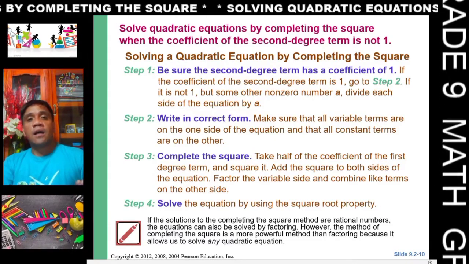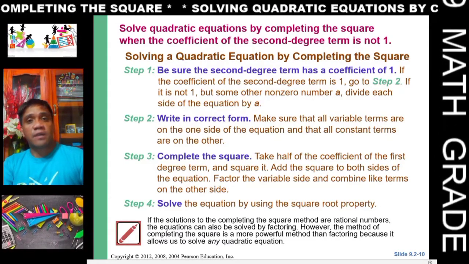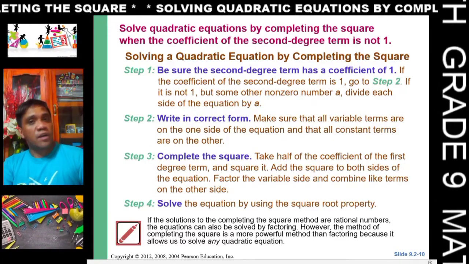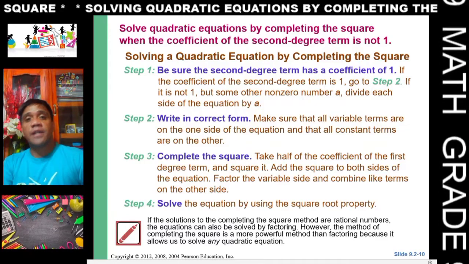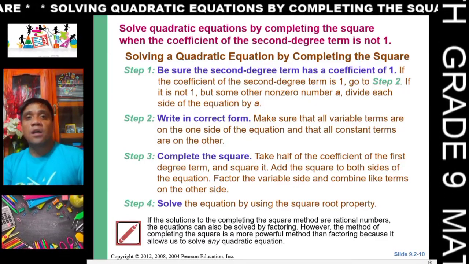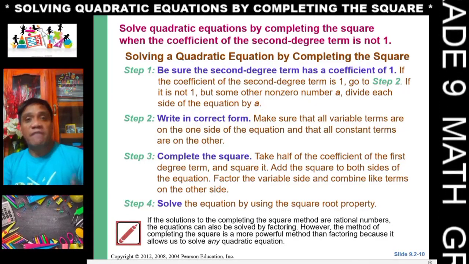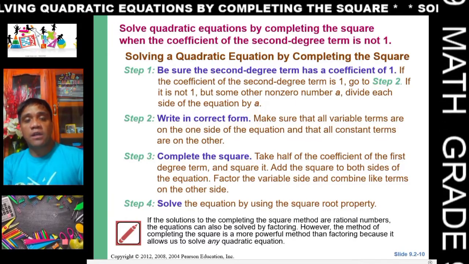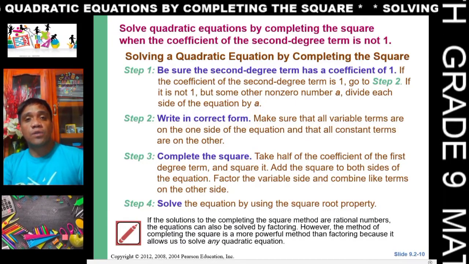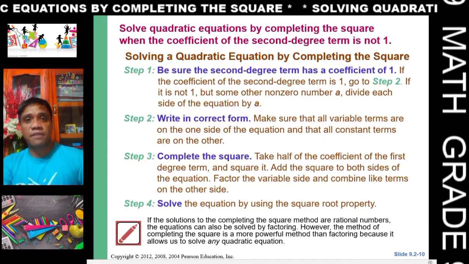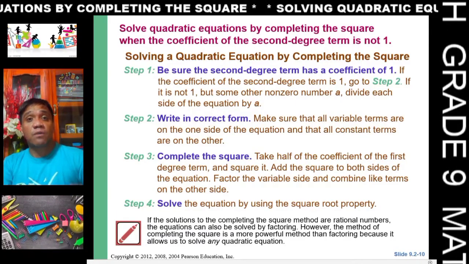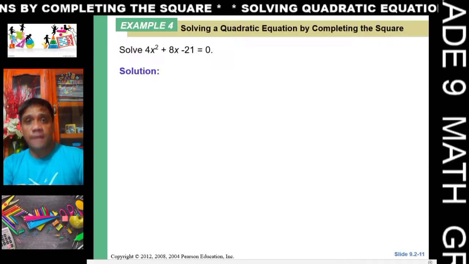As I said previously, we cannot solve all quadratic equations using factoring because not all quadratic equations can be factored. While here, we're going to manipulate everything to solve for the value of the variable. That is why it is more powerful than factoring.